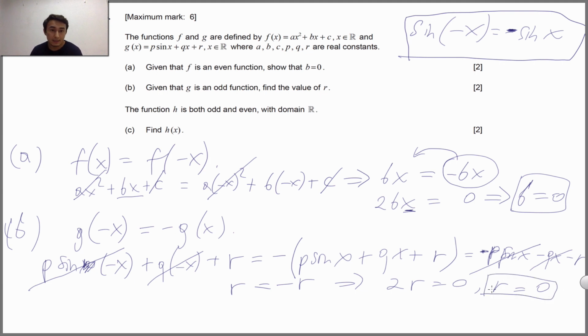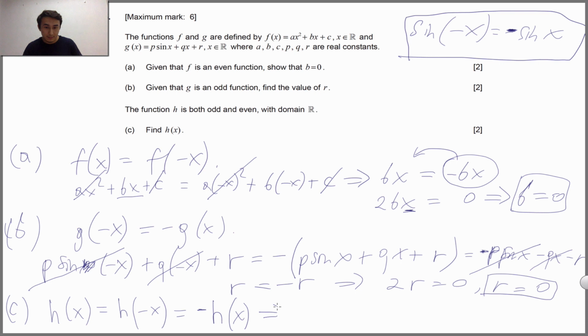And finally, the function h is both even and odd. Find h of x. So if h of x is even, that means h of x is equal to h of minus x, and if h of x is odd, that means h of minus x is equal to minus h of x.